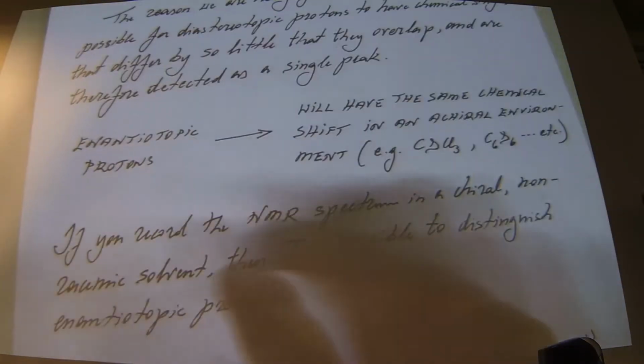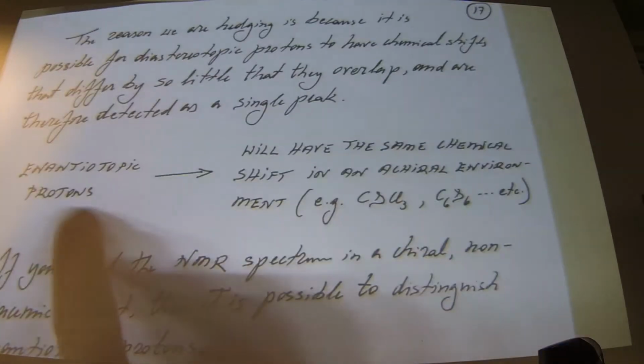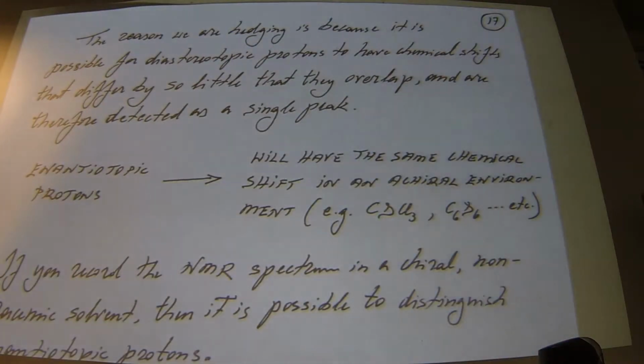Now, enantiotopic protons, that's just what I said. Enantiotopic protons, those are almost always going to have the same chemical shift unless, and I can't think of a problem or an experiment that we're going to discuss, but it's nevertheless the case, unless the experiment is done in the presence of a chiral non-racemic solvent or some chiral non-racemic molecule that associates with it.